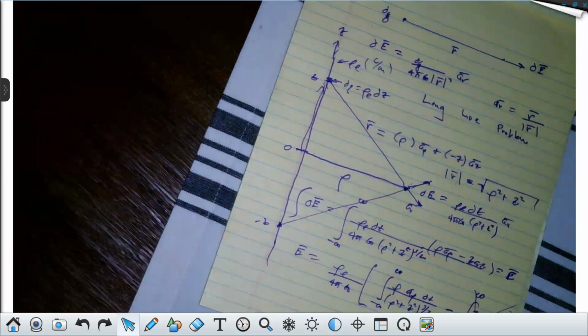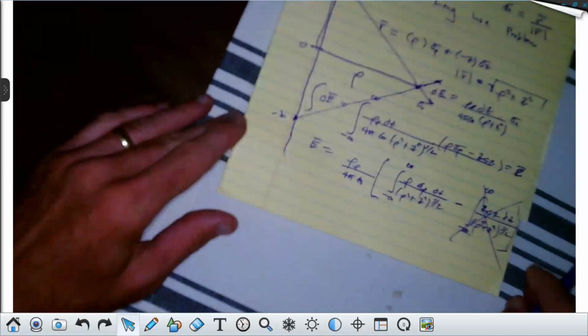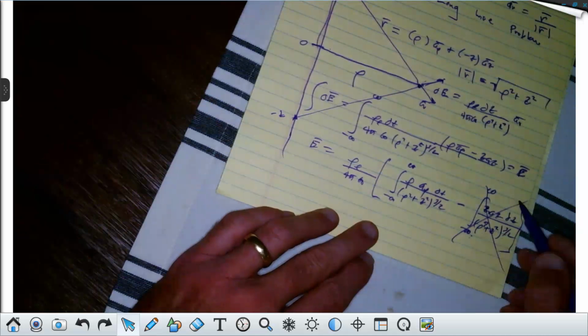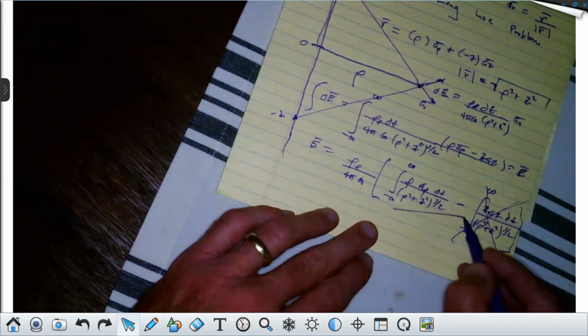Do you all see that? It's called exploiting symmetry, just by seeing that there has to be perfect cancellation in the z direction. I can ignore that. I can do the integration and put in the values and I'd see it. It's a little more work, but I'm trying to give you a little insight into the problem. So since I can get rid of that, this is the part that survives.